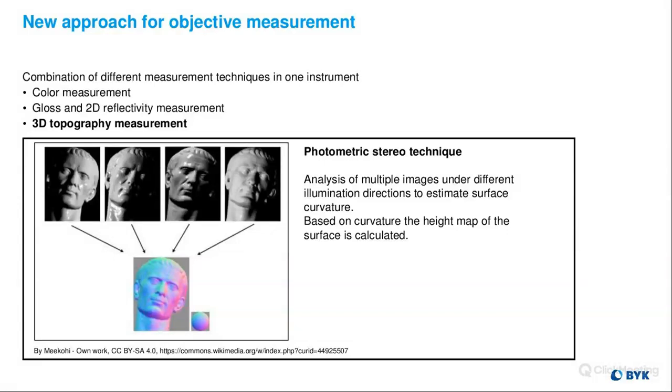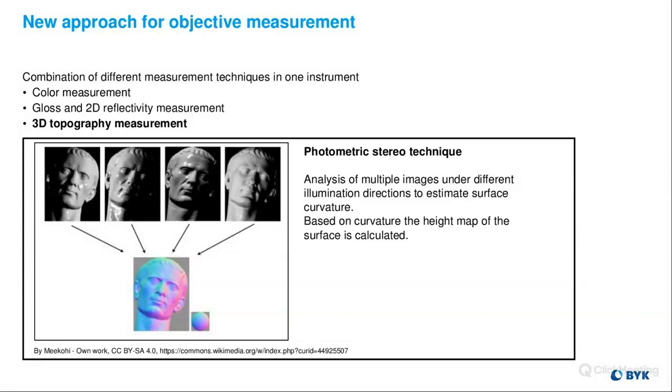In addition to the gloss and 2D reflectivity values and measurement principles, we have an additional 3D topography measurement. How this is done is we use another technology called the photometric stereo technique to get the 3D topography. Essentially, you have four different light sources at different angles, and the camera overhead takes pictures as these different lights illuminate the surface.